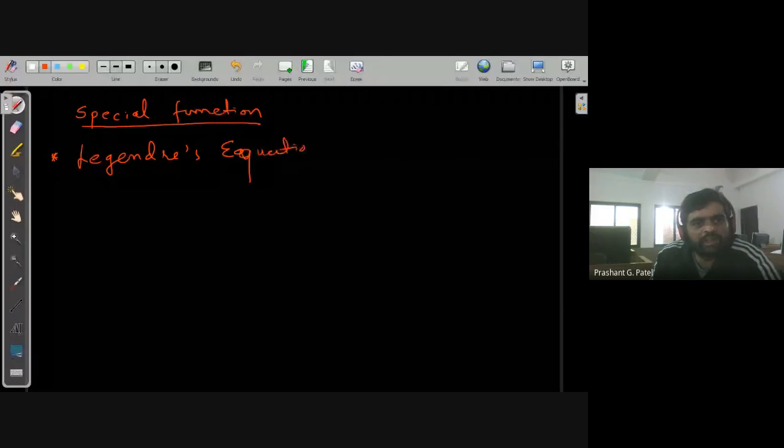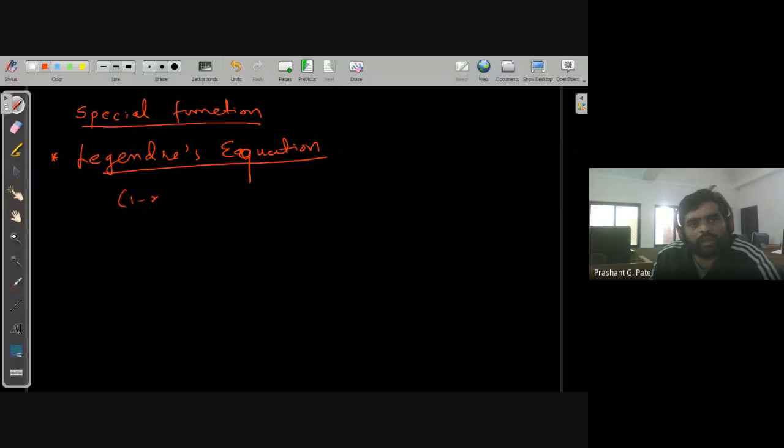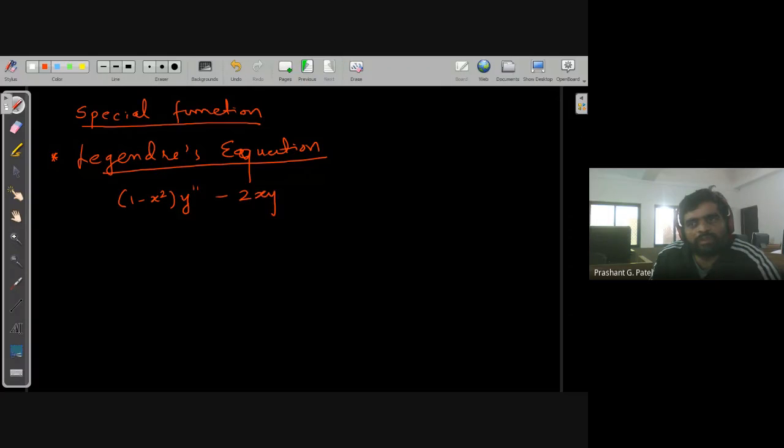What is the Legendre equation? It is (1 minus x square) y double dash minus 2x y dash plus p(p plus 1) y equal to 0, where p is greater than or equal to 0. So p is a positive number, and this is known as the Legendre equation.